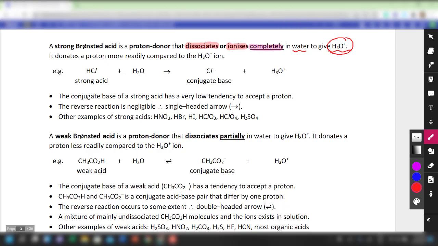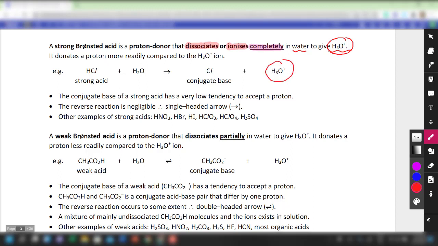But scientists have of course discovered over the years that H plus is not the reality, so it doesn't really represent the reality. So in most cases, when we are dealing with acid-base equilibrium, we would like H plus to be donated to, or in this case stabilized by, a water molecule. So in the process, it forms H3O plus.